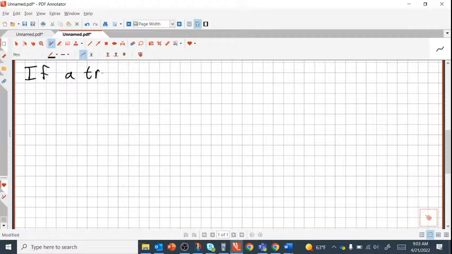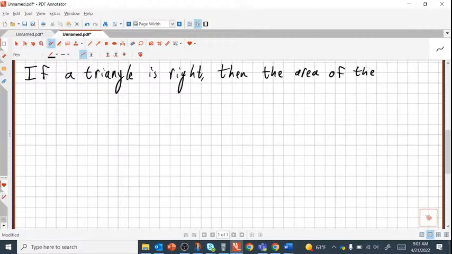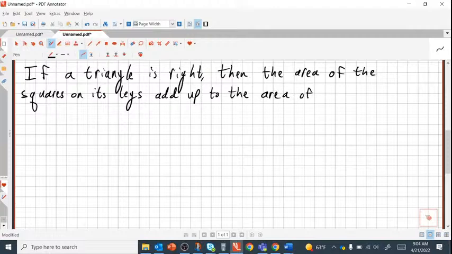If a triangle is right, then the area of the squares on its legs add up to the area of the square on its hypotenuse.